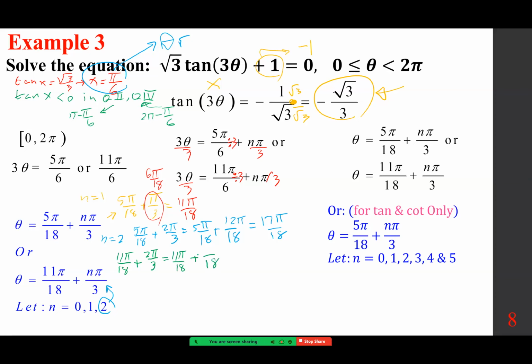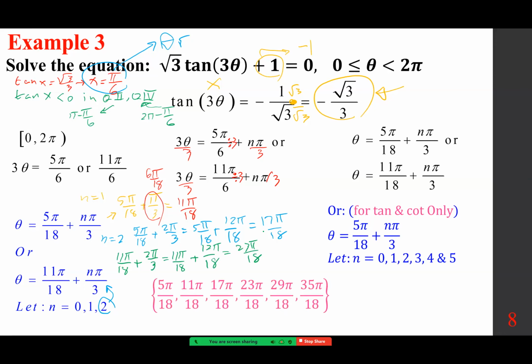Common factor of 18 gives me 12 pi at top, and I get 23 pi over 18, and I can let you finish the rest. So this may be a faster method, okay? In any event, each one gives you 3. There are a total of 6 answers.